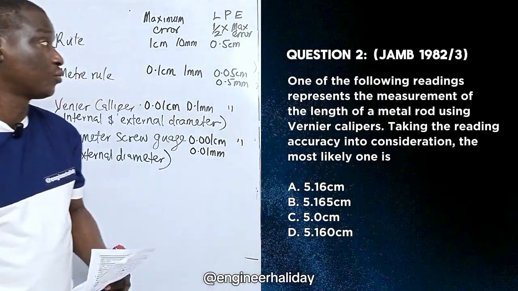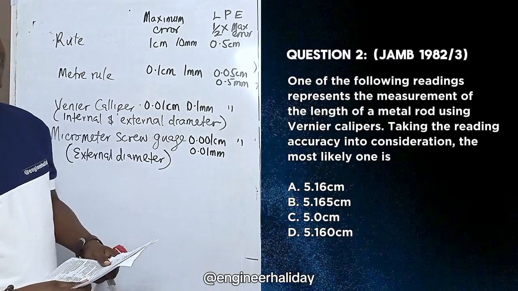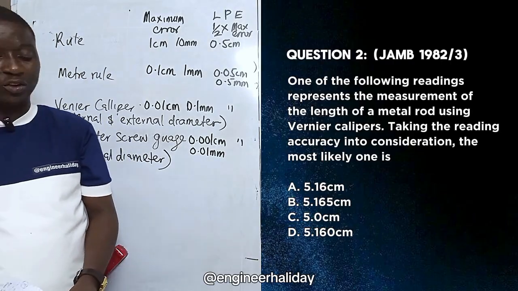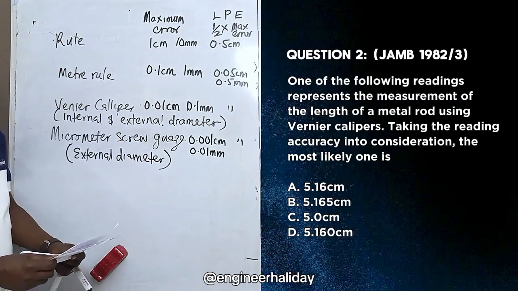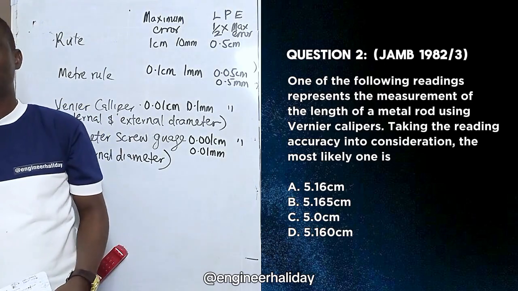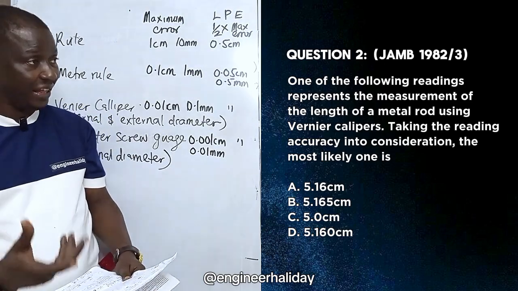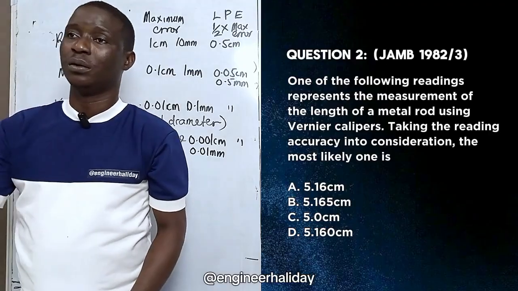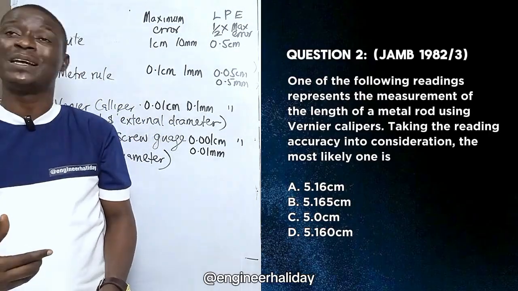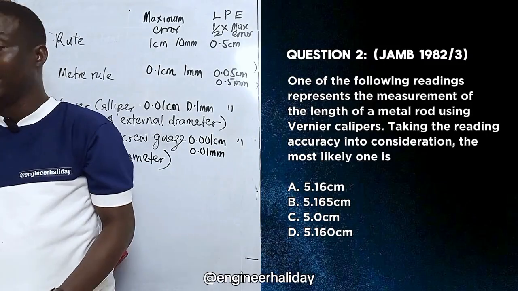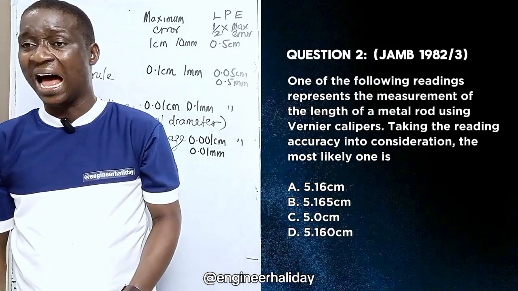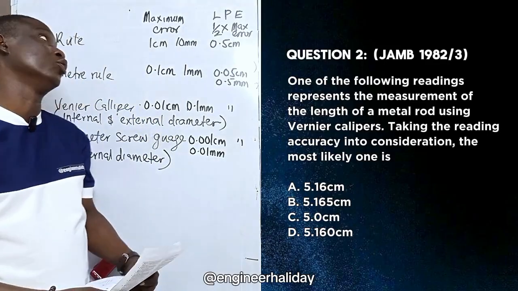Now let's look at it. And don't forget that when you are talking about the least possible error of an instrument, you are talking about precision, which refers to repeated measurement of a particular thing, in order to check one after the other whether the first measurement is close to the second measurement, indicating consistency of that particular instrument or tool or method used.